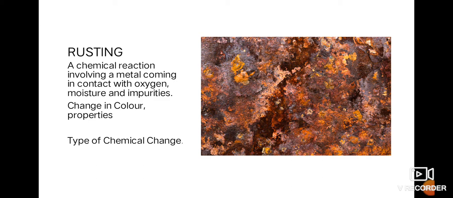Now, this will lead to the formation of a new chemical compound called iron oxide. Now, this can be prevented by painting, greasing, oiling, or coating with any other metal. Thus new substances are formed, so it is a type of chemical change.